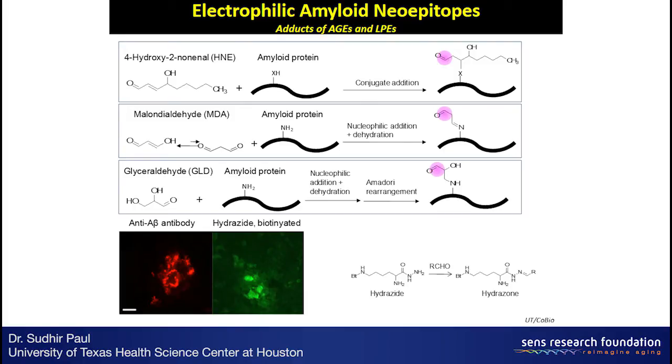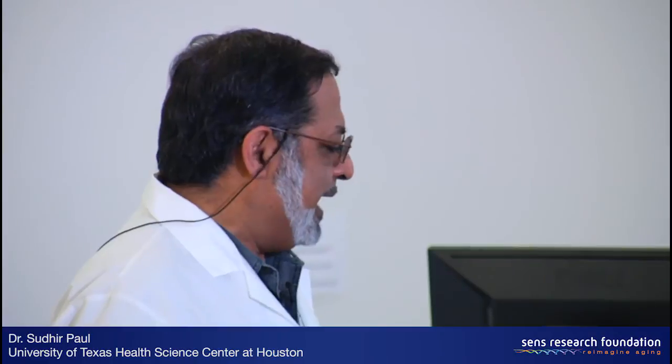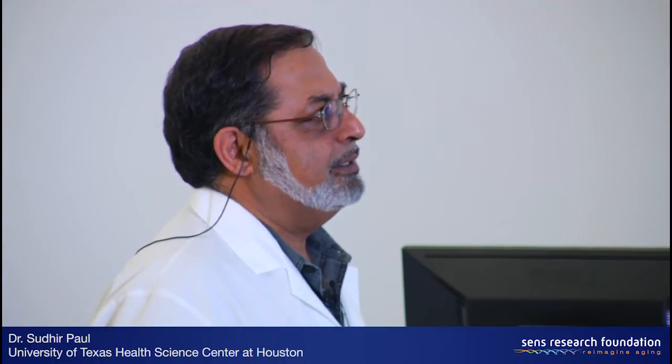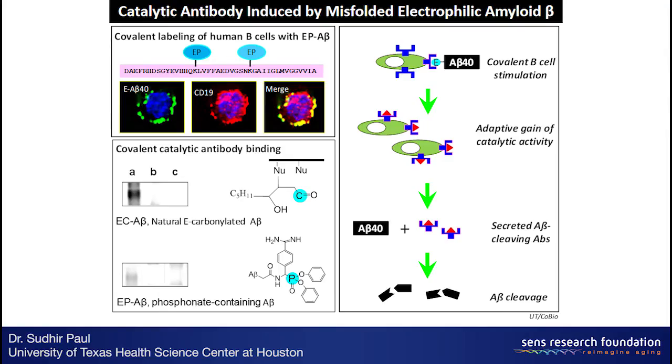So amyloid beta peptide indeed is derivatized with these keto groups, and these antigens containing the keto groups can serve as the stimulus for B cells to produce the catalytic antibodies adaptively.